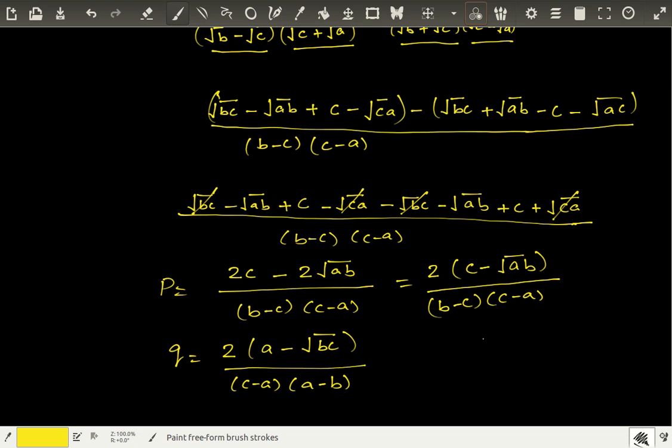This is how you can cycle and find q. Similarly, you can again cycle through these variables and you can find r. There will be 2. Instead of a, it will have b minus, bc will change to ca, c minus a will change to a minus b, and a minus b will change to b minus c.